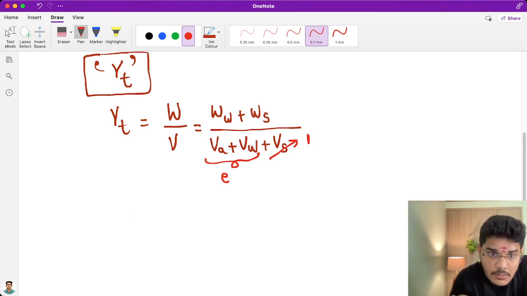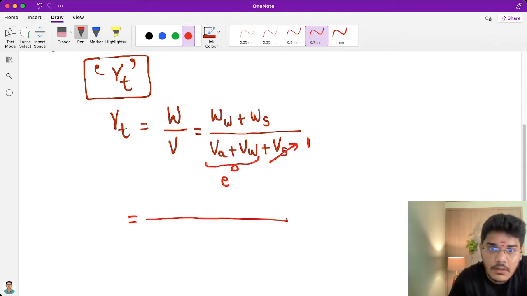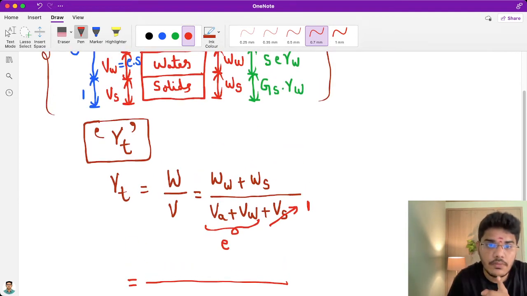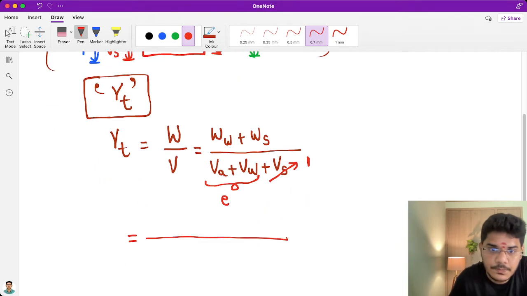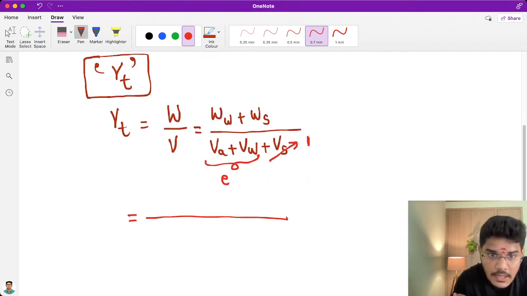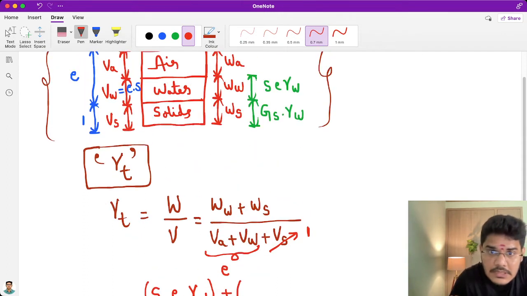So this is about the denominator. If you carefully observe the numerator, in place of weight of water, what can we write? S into e into gamma w, plus, in place of weight of solids, Gs into gamma w, specific gravity of soil solids into unit weight of water.